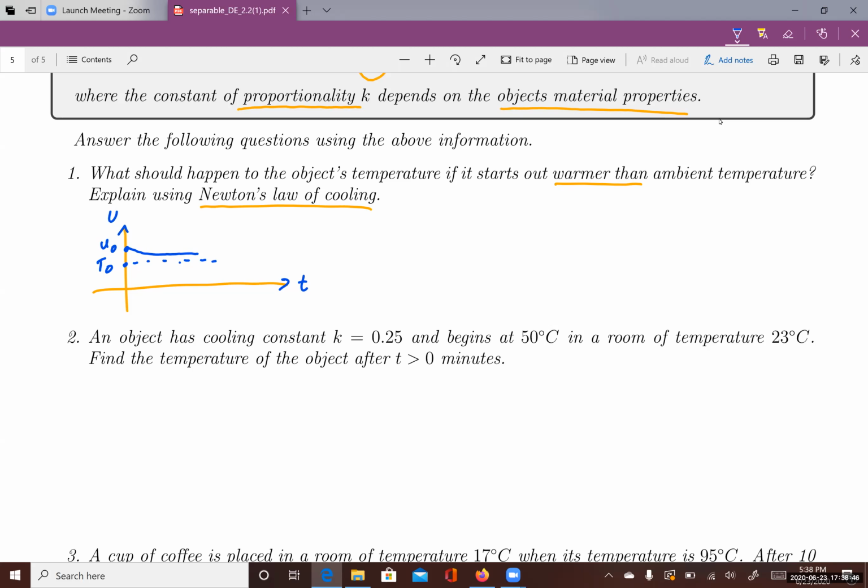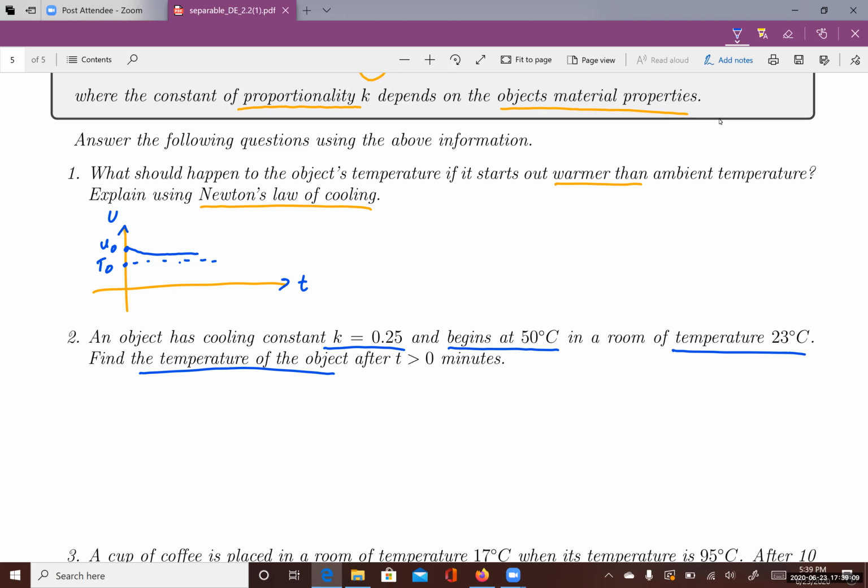So the second question: an object has cooling constant k equal to 0.25 and begins at 50 degrees Celsius in a room of temperature 23 degrees Celsius. You want to find the temperature of the object after t minutes, where t is positive.